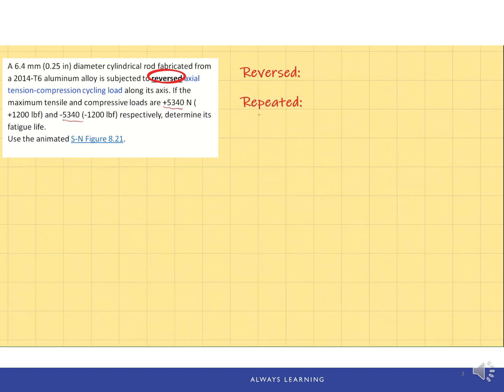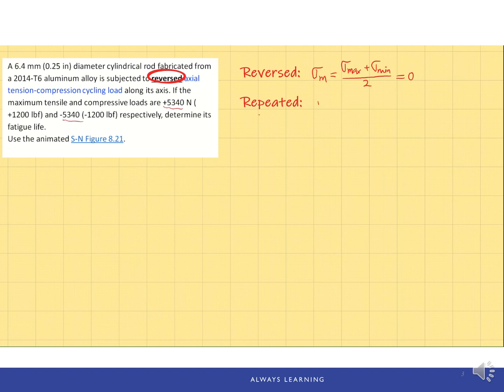For the reversed cycle, the sigma mean, which is the sum or the average of the max and min, equals 0. So if the mean stress is 0, then this cycle is a reversed cycle.